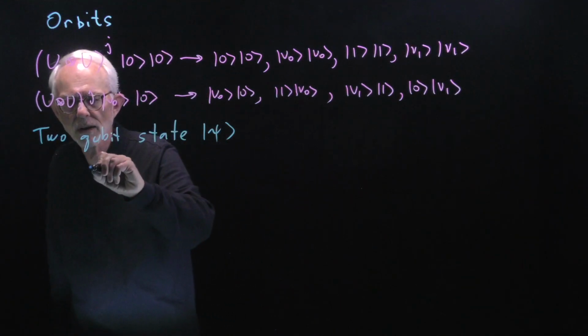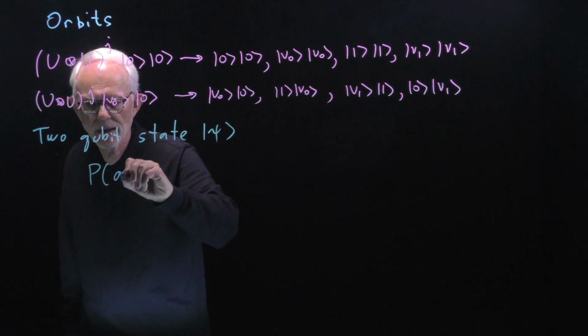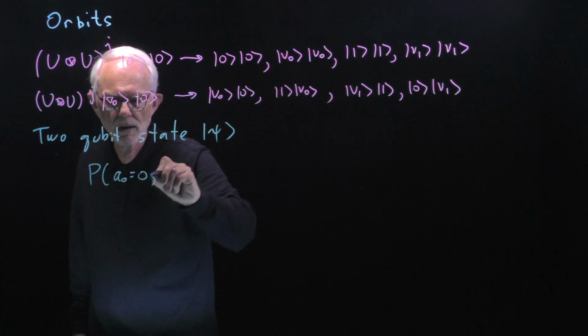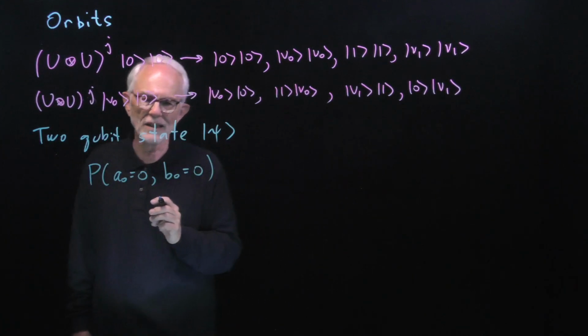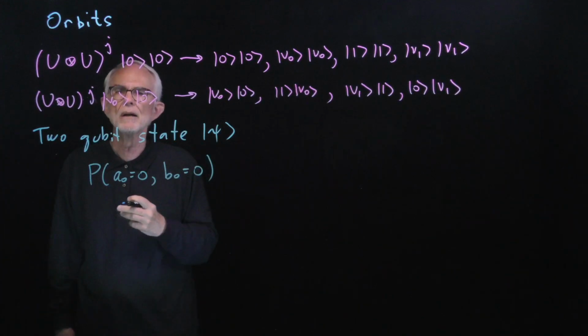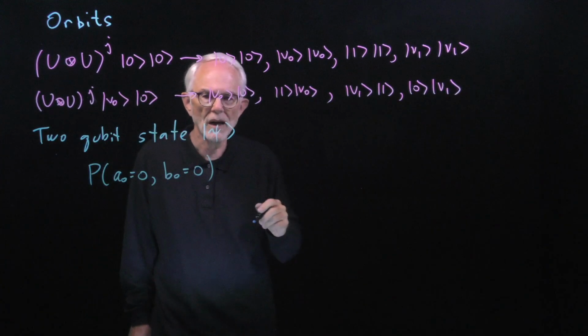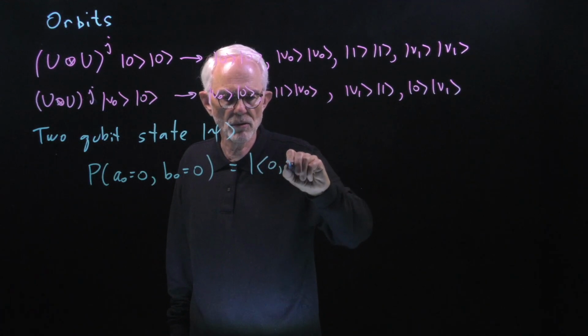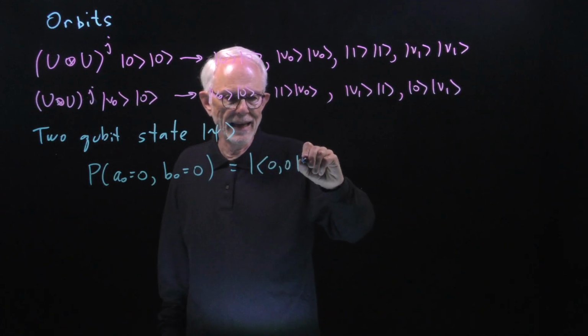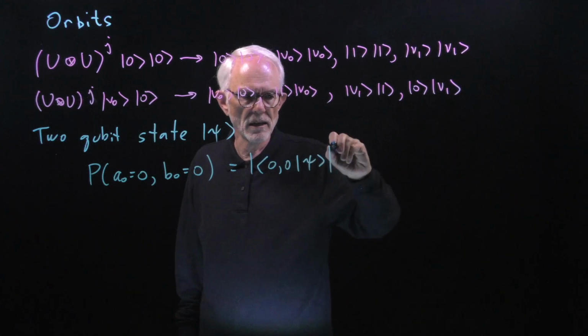In particular, we're interested in A0 equals 0 and B0 equals 0. Remember, these are the probabilities that Alice and Bob can get by doing measurements on their systems. Well, this is simply equal to the squared overlap of 0, 0 with psi.